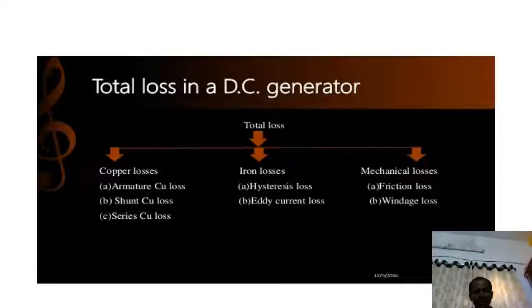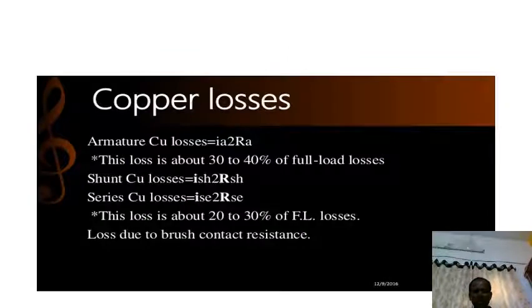Then the copper loss in the armature winding is IA square RA. Similarly, the loss is about 30 to 40% of the full load loss. So armature copper losses are IA square RA, about 32% of full load losses.